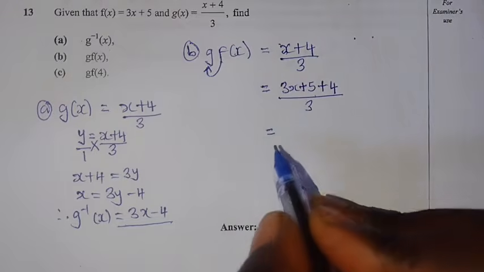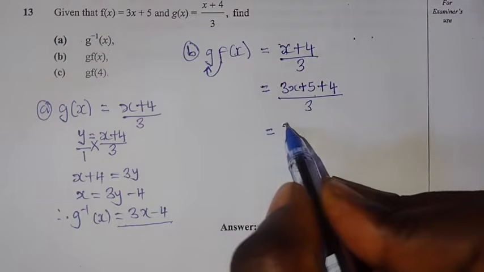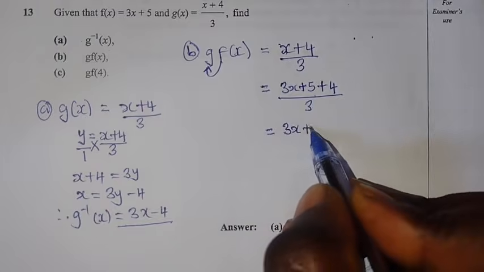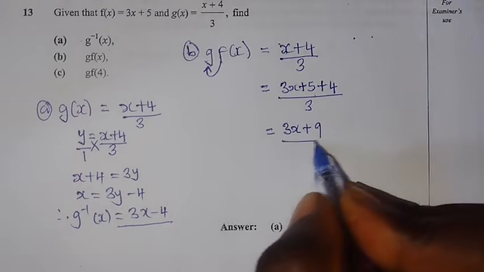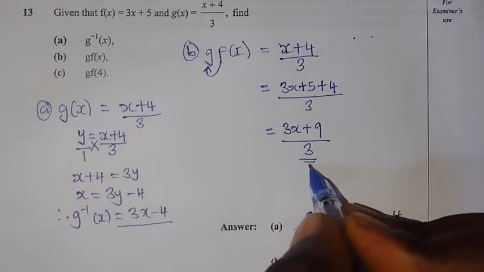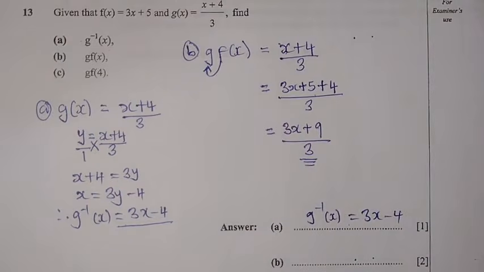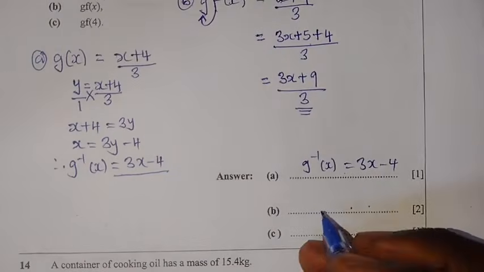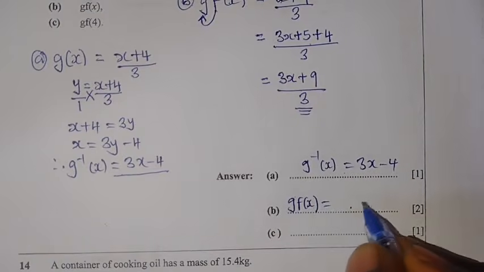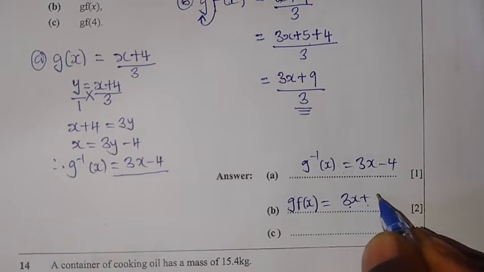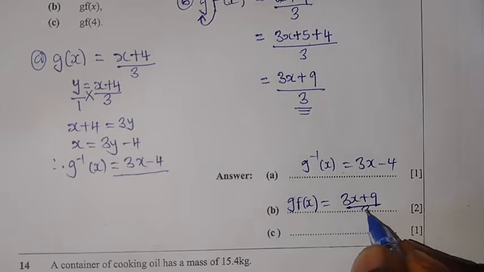From here we can simplify: 3x plus 5 plus 4 gives us 3x plus 9, over 3. So this is the gf function of x. That is our answer: gf of x is (3x plus 9) over 3.